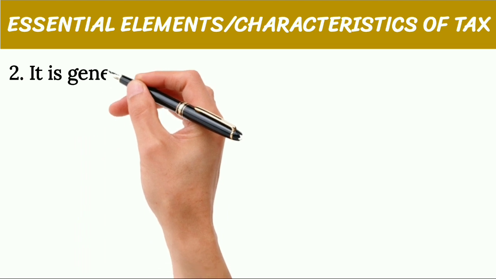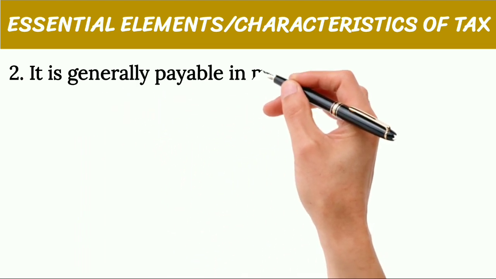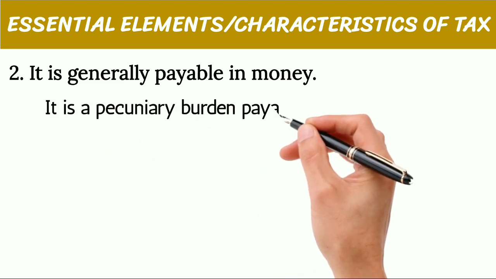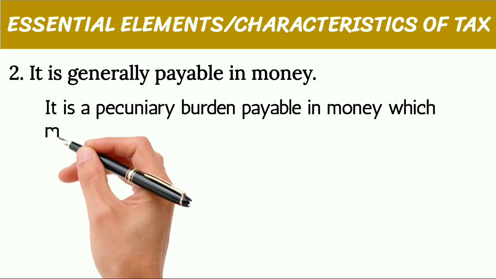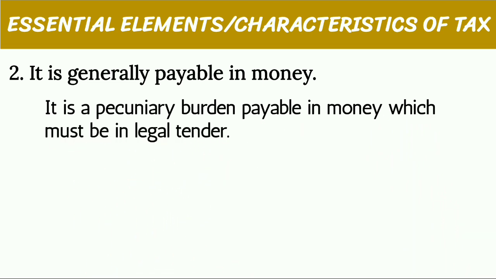The next essential element or characteristic of tax is that it is generally payable in money. It is a pecuniary burden payable in money which must be in legal tender. Yung pecuniary, ang ibig sabihin niyan, monetary, may kinalaman sa pera. Tax is generally payable in money kasi hindi okay na ang pambayad ng taxes ay hindi in the form of money.